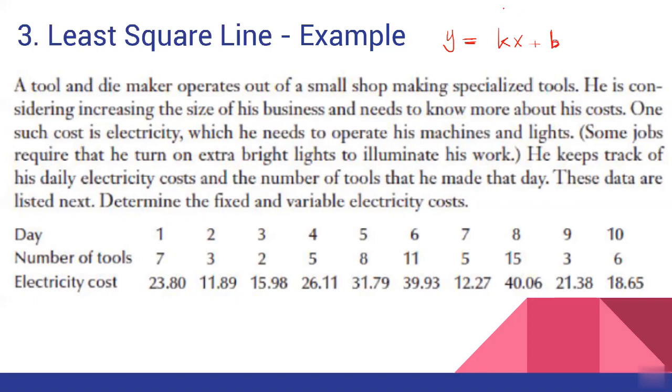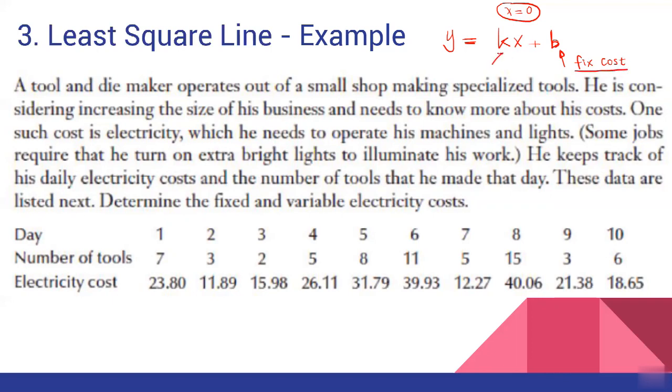When x is 0, that means he made 0 tools on that day. The value of b is called the fixed cost, because he did not make any tools on that day. These are the necessary electricity costs without making any tools, so this is called fixed cost.